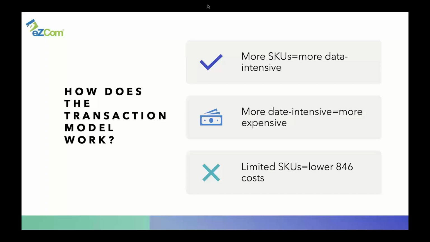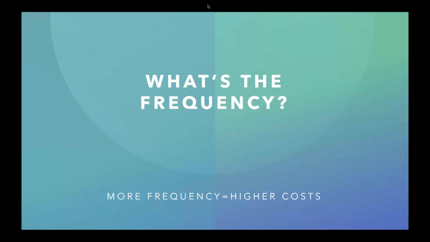If, however, you're reporting inventory levels for hundreds or thousands of items, the cost of the 846 can be much higher. As I mentioned earlier, another cost is 846 frequency. The frequency of inventory reporting via the EDI 846 document is determined by each individual retail trading partner.